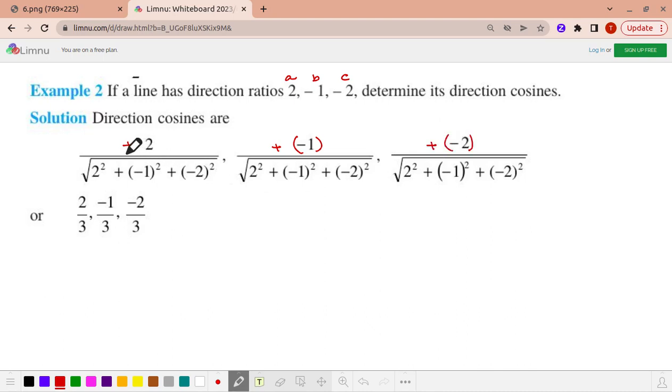Both are applicable, so you can write plus minus. Let me explain. If you take plus, it will be 2 by 3, minus 1 by 3, minus 2 by 3. And if you take minus, then it will be minus 2 by 3, plus 1 by 3, and plus 2 by 3, since minus of minus 1 by 3 is plus 1 by 3 and minus of minus 2 by 3 is 2 by 3. Got it? So this is the way we solve the second one.